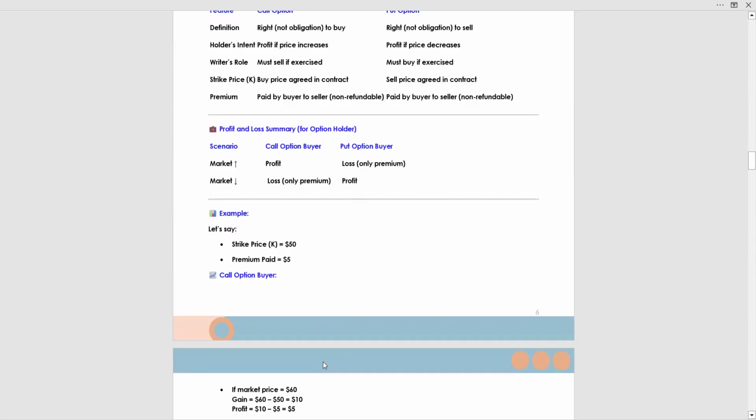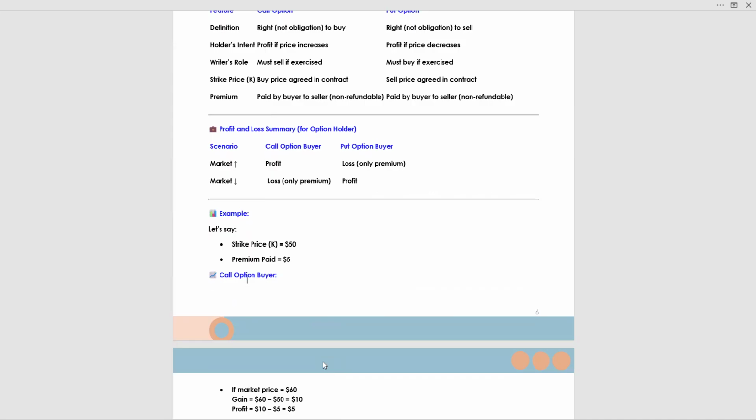Profit and loss summary for the option holder who has an option. Scenario: call option buyer, put option buyer. If market is increasing, for the call option buyer, profit; for the put option buyer, it's loss, only premium. If market is decreasing, the call option buyer has loss, only premium, and for the put option buyer it's profit.